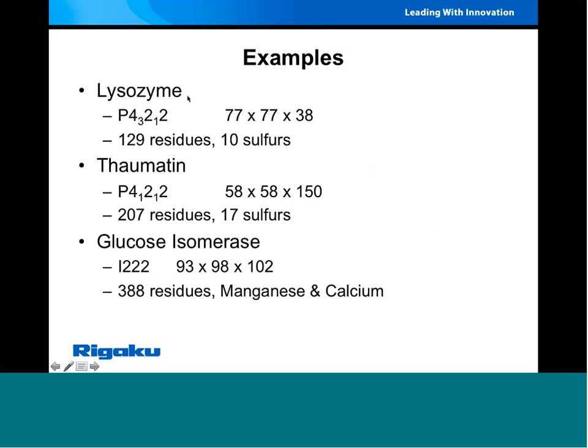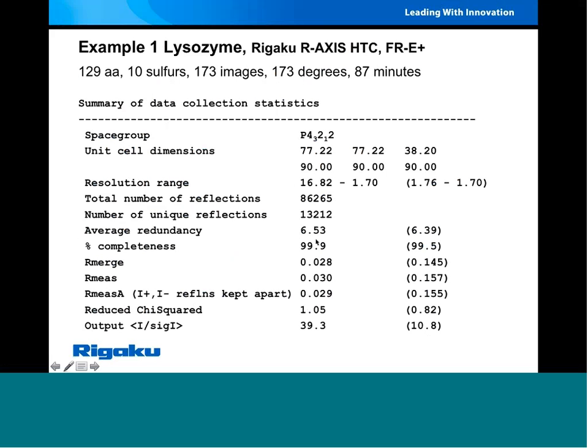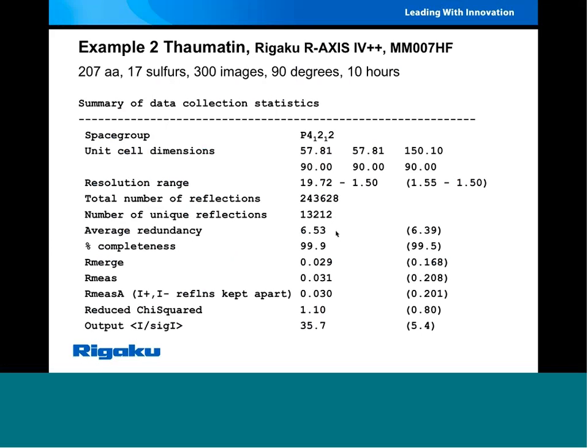So the example I just did was a lysozyme, 129 residues with 10 sulfurs. I showed glucose isomerase, which is 388 residues with a couple of metals in it, and I also have a thaumatin. This is the output of the table 1 from the SCA to DTREC followed by DT scale average.